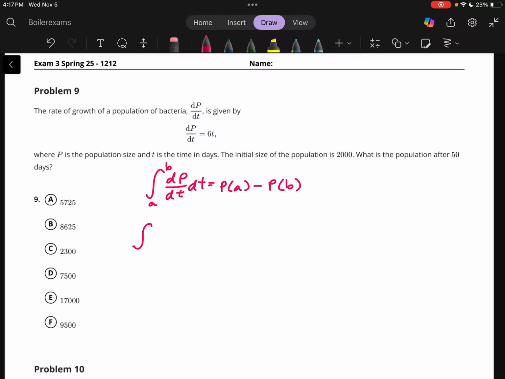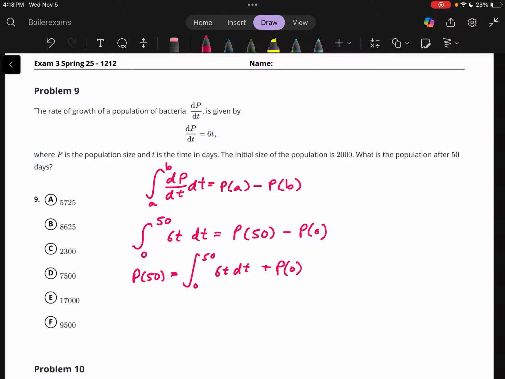So in this case, our lower bound is t equals 0 days, and the upper bound is 50. dp/dt is equal to 6t, and we have p of 50 minus p of 0. So p of 50 is equal to the integral from 0 to 50 of 6t plus p of 0.